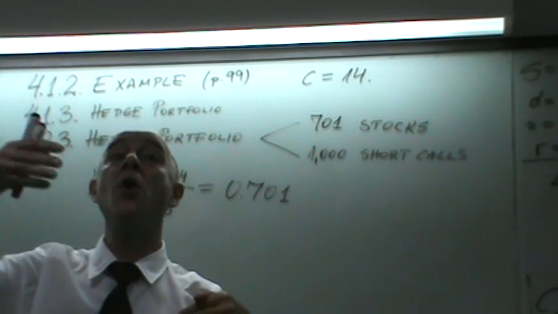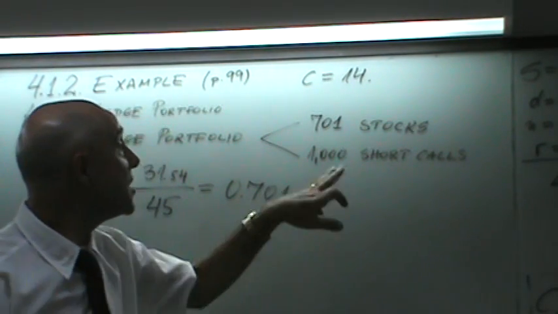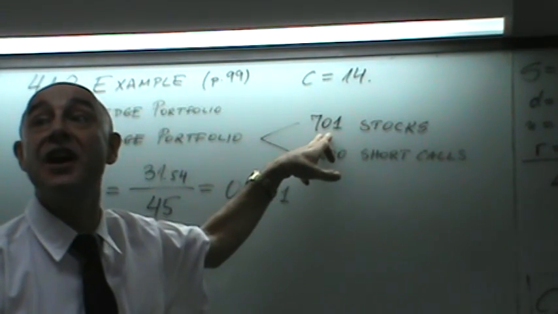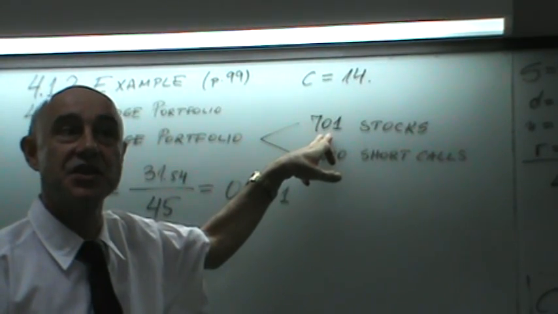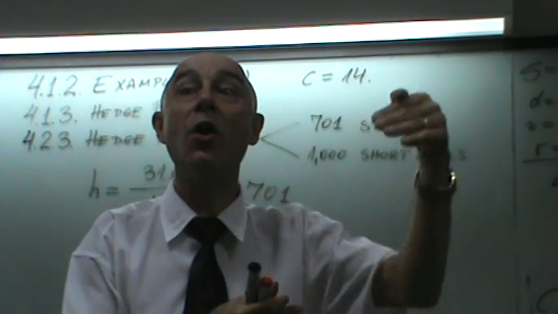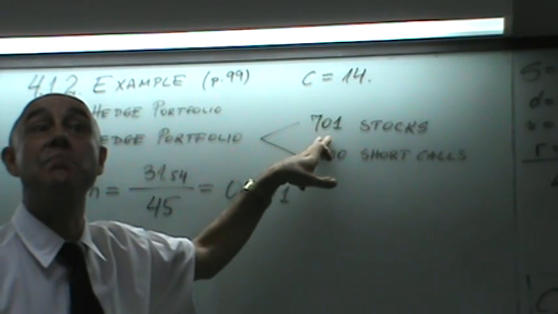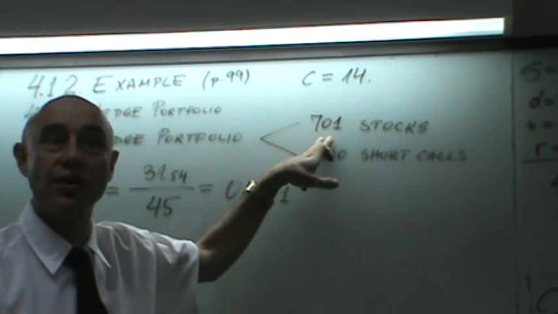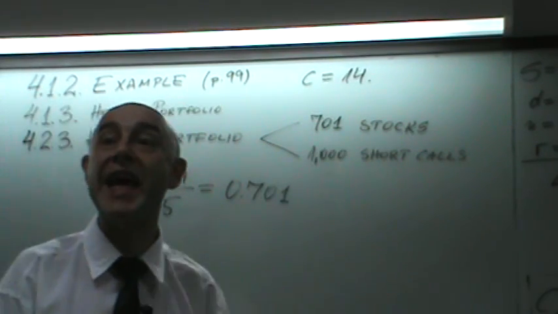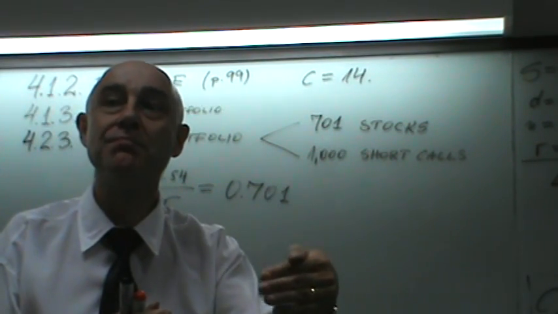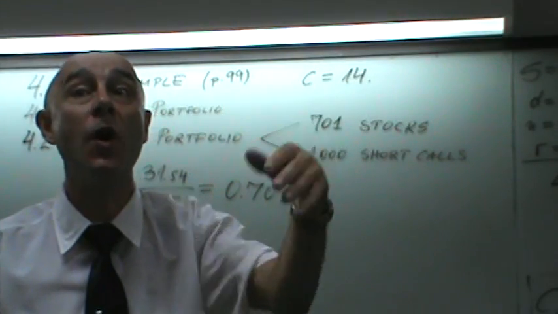Now, a longer period call is good for protecting 700 stocks. So, longer calls have a better protective value, a better hedging value. So, you can hedge more by getting a longer call.